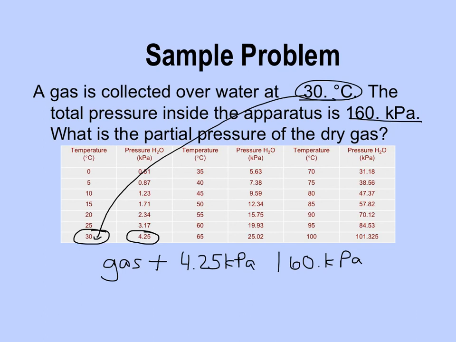We can now use algebra, solve by 160 minus 4.25. Now again, we're subtracting, so in this case we're going to have to round it to a whole number. And so our answer is going to end up being 156 kPa. Again, we have to round to a whole number.